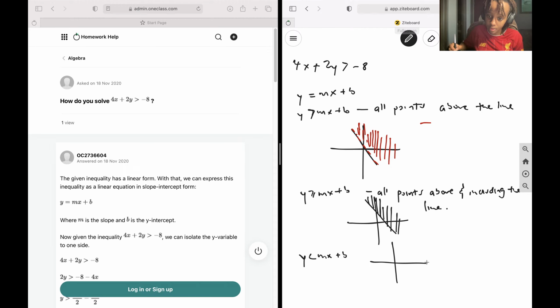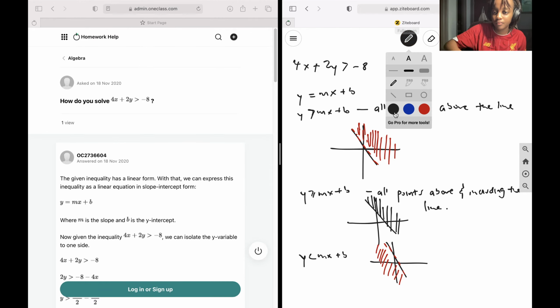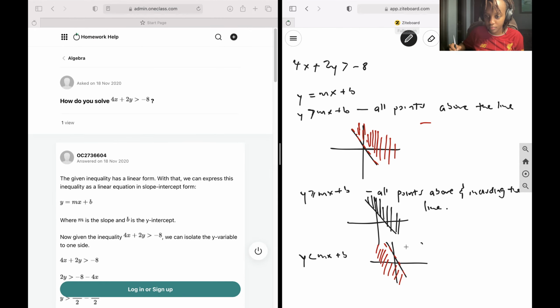So if this is the line, we draw it broken, and now we want y is less than, so it would be all points below but not including the line. And that's because y is less than but not equal to.